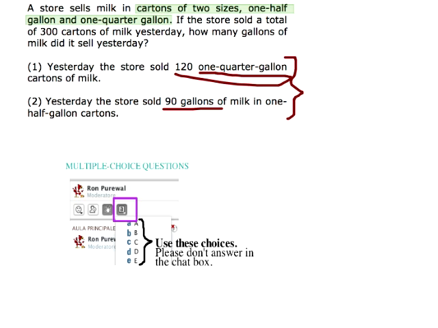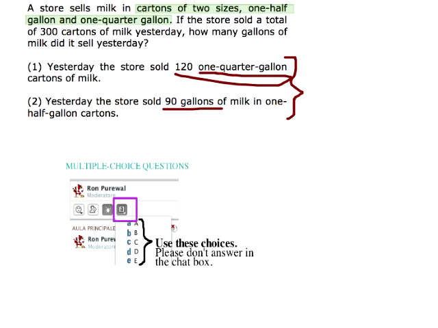Any ideas? Organizing the information, you can do that. You can name some variables.